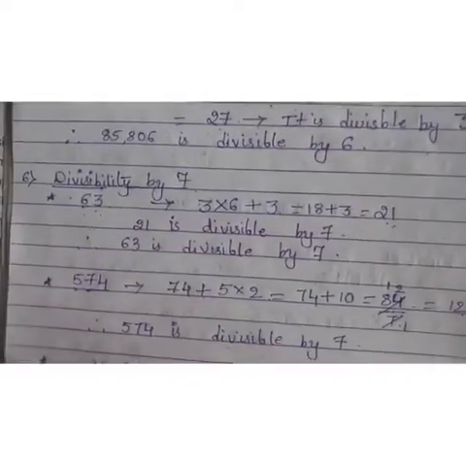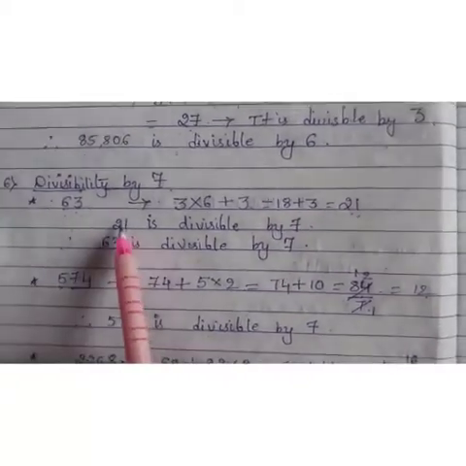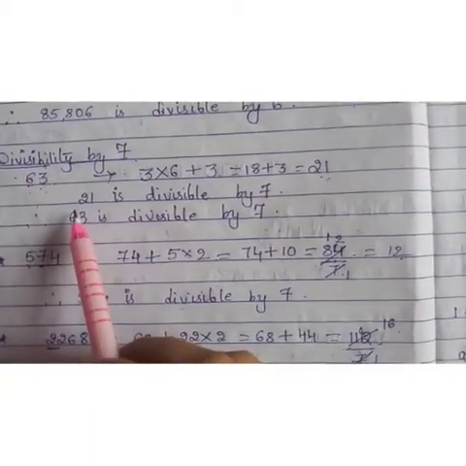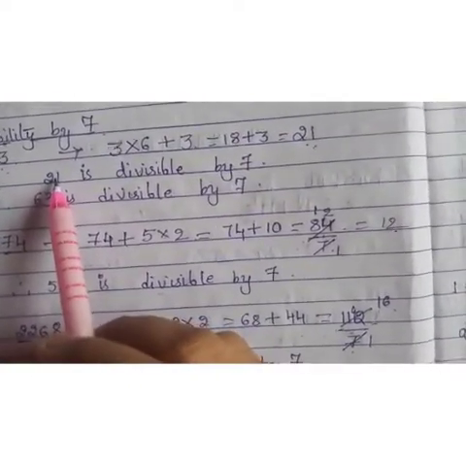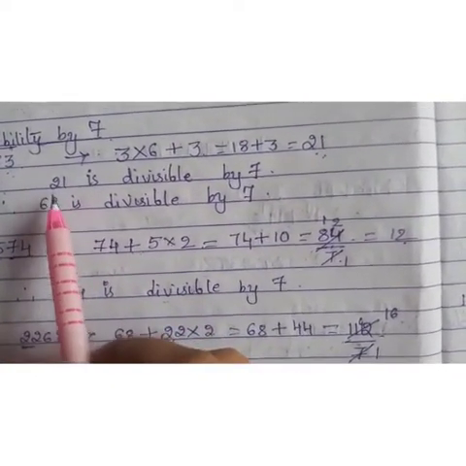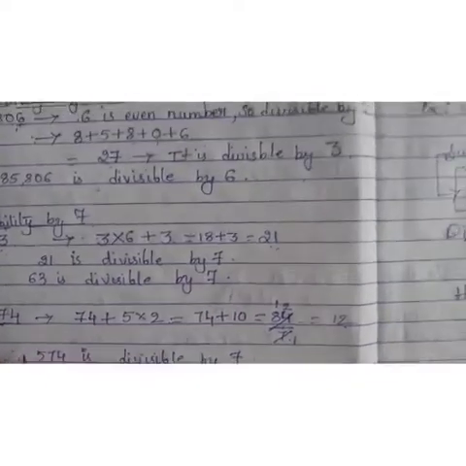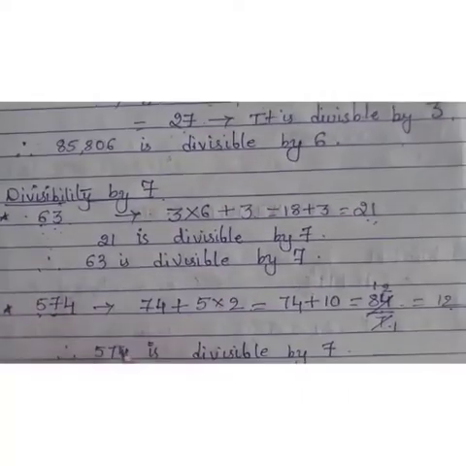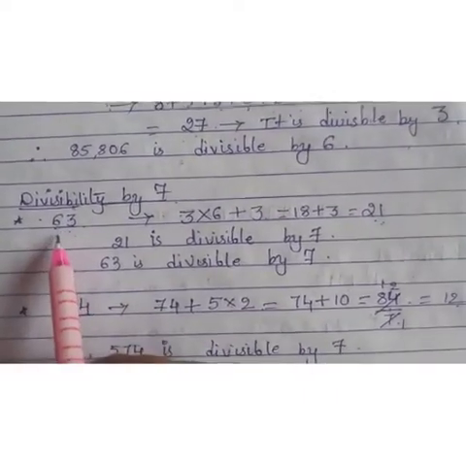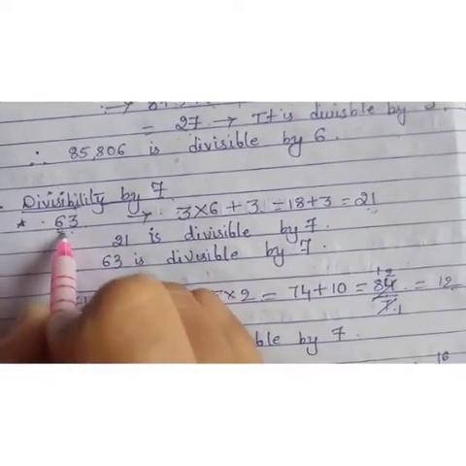Next let us move to divisibility by 7. In this, we check the divisibility by 7 if the sum of 3 times the digit in the tens place and the digit in the ones place is divisible by 7. Let me explain it with the help of an example. Given example is 63. The digit in tens place is 6.